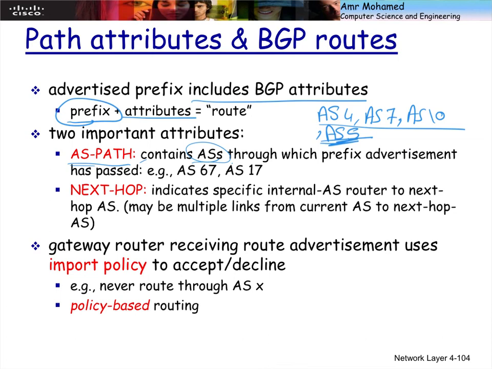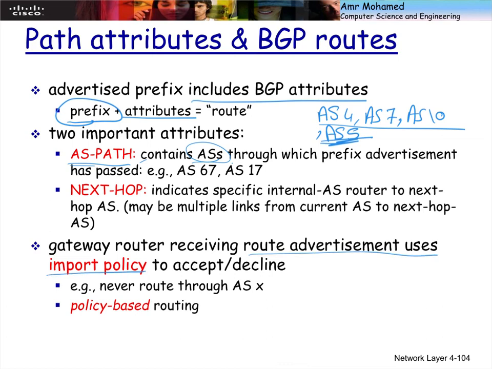Does it have a policy to really send through these autonomous systems or not? And also, this AS path may be used for shortest path. If I have reachability from different autonomous systems, I may use the AS path to calculate whether going through this autonomous system is shorter or that one is shorter. Okay?